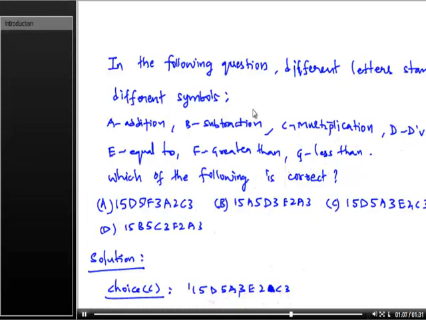This implies we need to apply BODMAS here. 15 divided by 5 gives you 3, plus 3, is equal to 2 into 3, that is 6. Clearly it is 6 is equal to 6, which is a true statement. Hence, choice C follows.